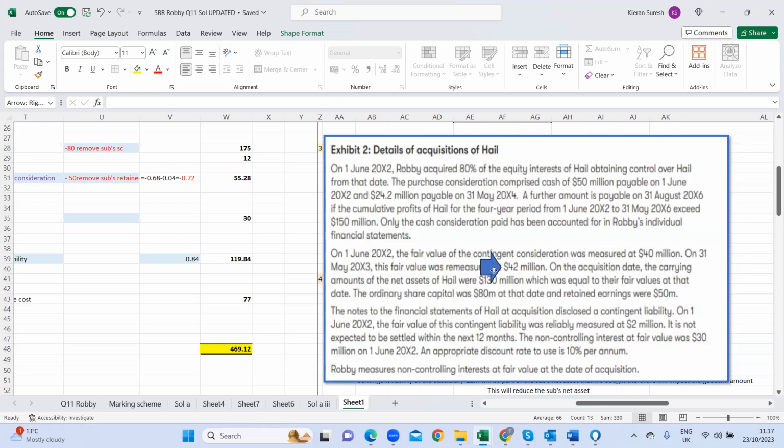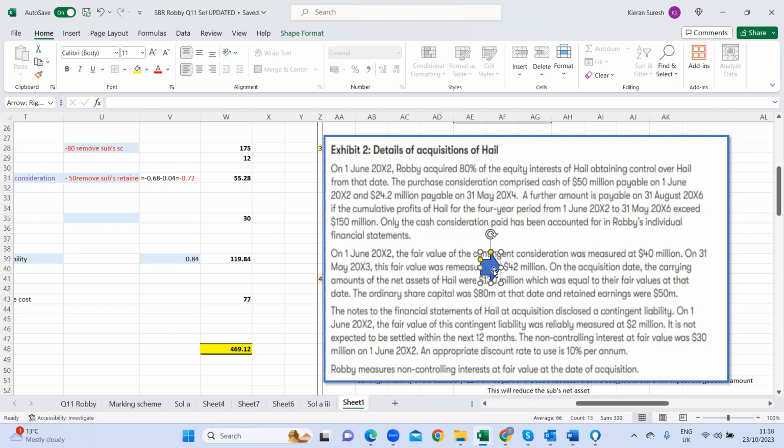Now you have to be very careful when you deal with this. You just need to understand the rules regarding this. I pointed this out in one of the other videos when I did the goodwill, and I've added the respective slides for you to understand. When there is a contingent consideration, it can be promised in two ways. We may have promised to pay them in cash, or in shares.